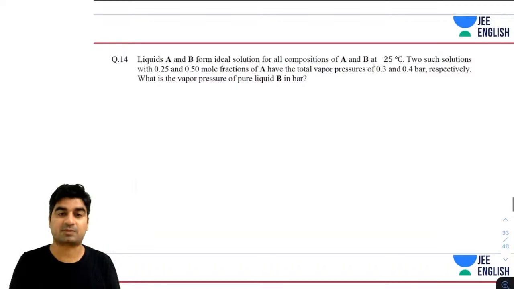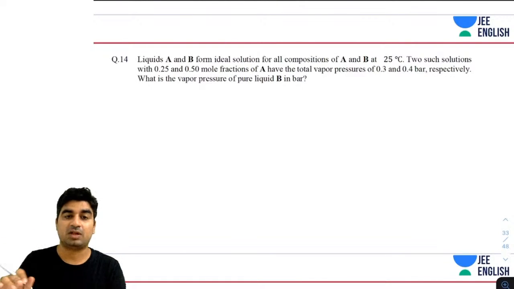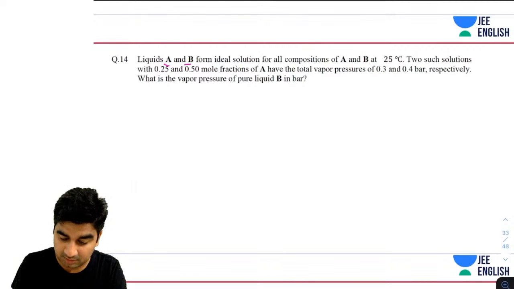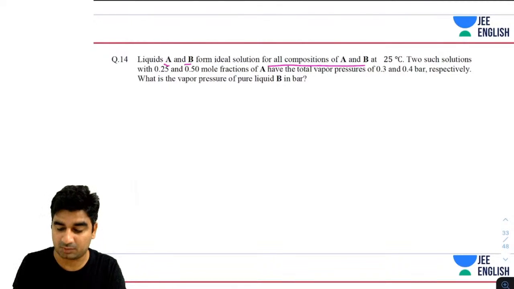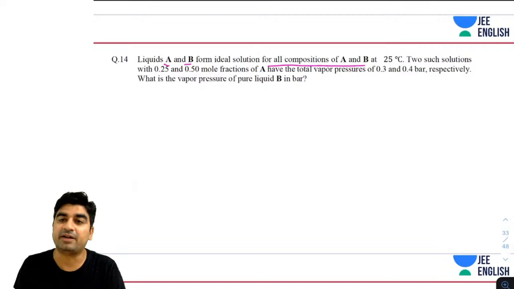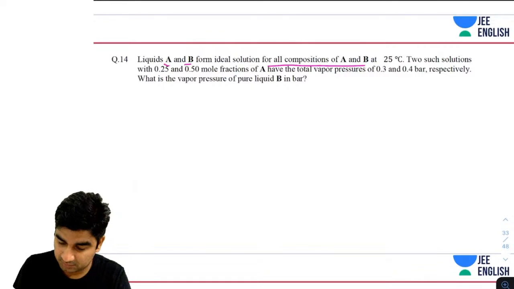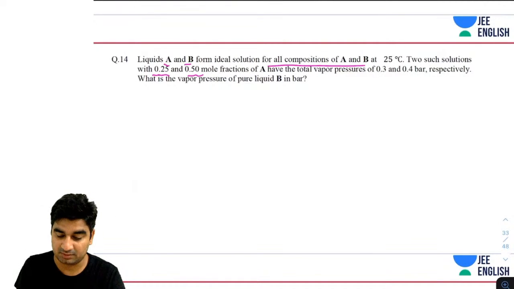Now let's move to the next problem, guys. So now I'm talking about liquids A and B forming an ideal solution for all compositions. So basically an ideal solution is being formed when it was shaken after the addition of 1 ml of two such solutions with 0.25 and 0.5 mole fraction.